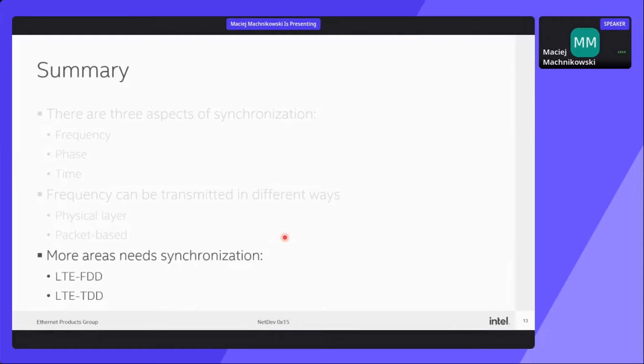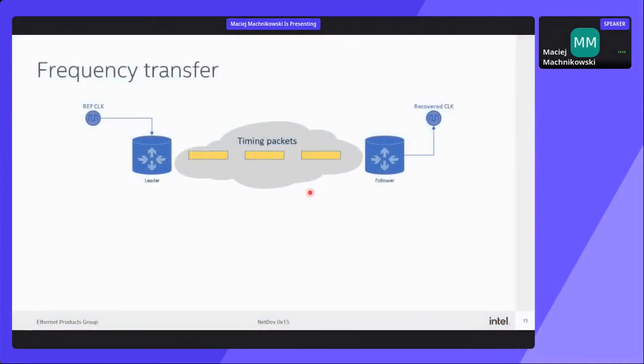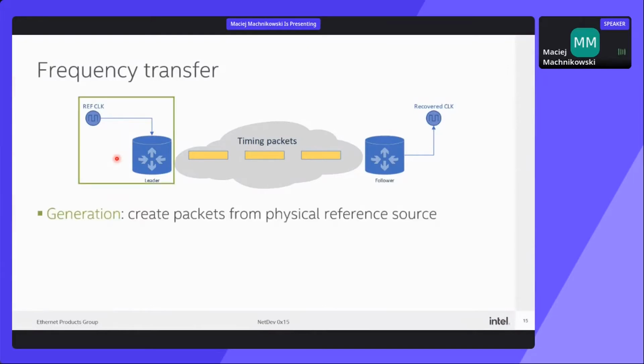So let's move on to the next chapter, which is packet-based time and phase distribution, on the example of the 1588 protocol. How it happens is that we have our grandmaster or the leader side, and the first step to start with is the generation phase.